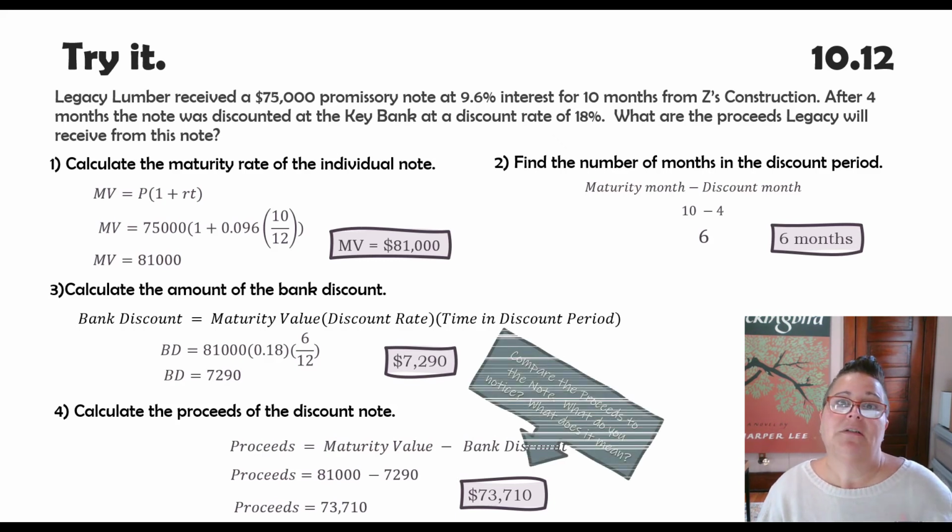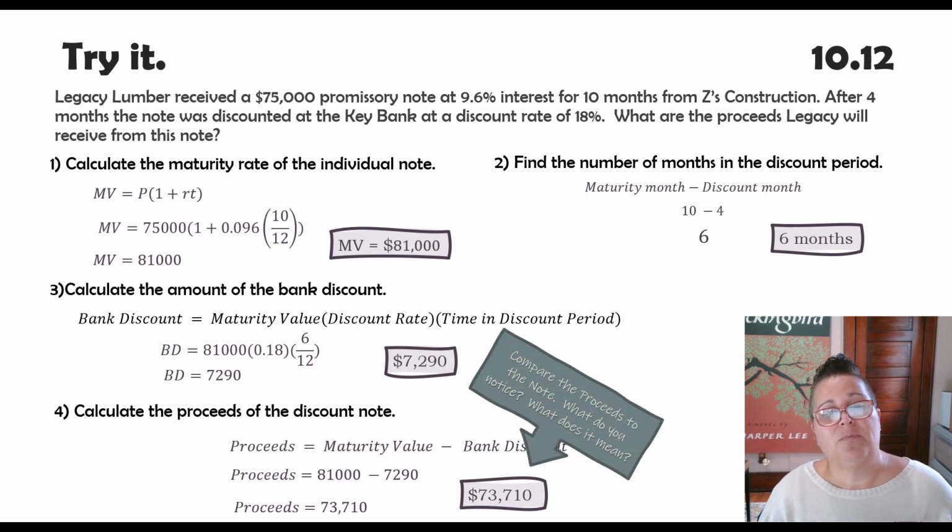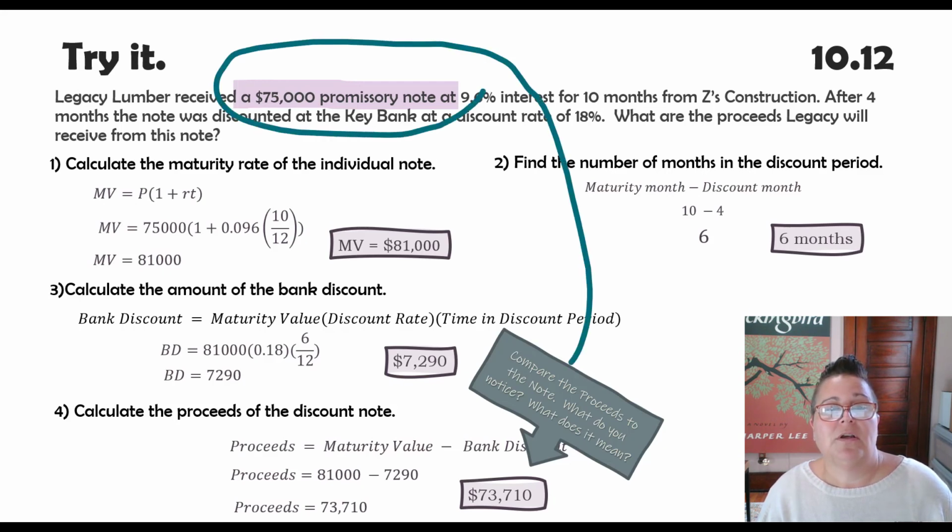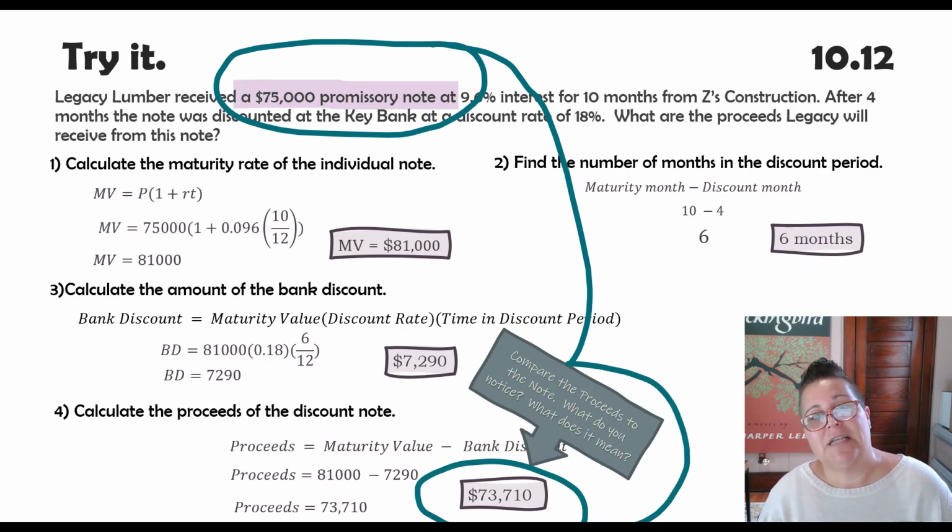Now, take a minute and compare the proceeds to the actual note. Legacy Lumber put out a note of $75,000. So they have loaned out $75,000. They are able to collect $73,710. What do you notice about this?